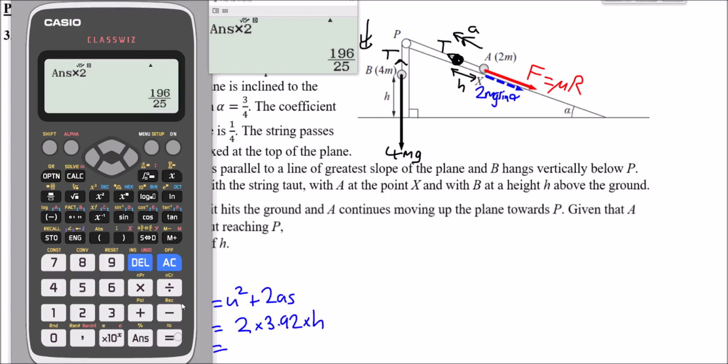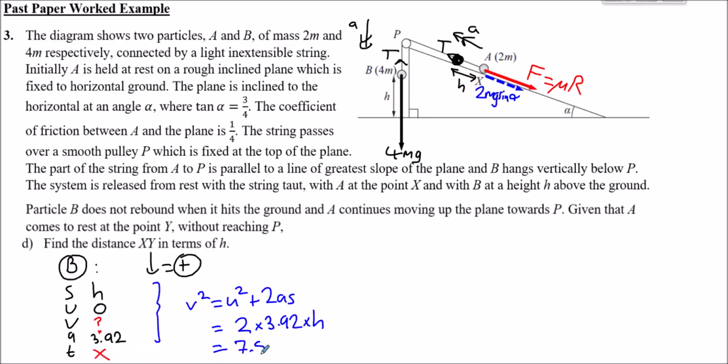So that times 2, it's going to be 7.84h. So therefore v, after h meters, will be the square root of 7.84h.